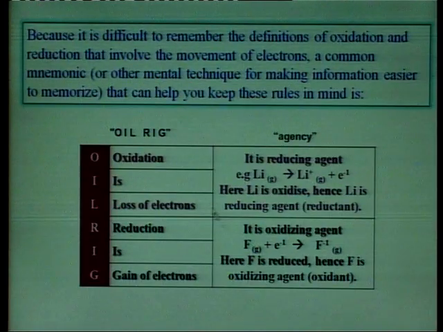In the previous example, fluorine gas gains one electron and converts itself into fluoride. Here fluorine is reduced, hence fluorine is an oxidizing agent, or simply we can call it an oxidant. I hope this is how we can define the agents. It means, what is the reducing agent?